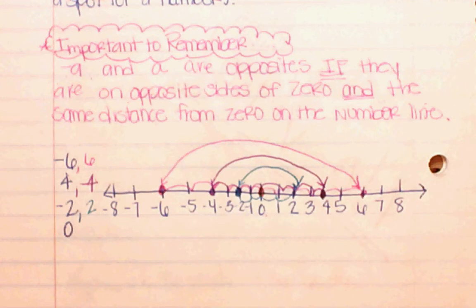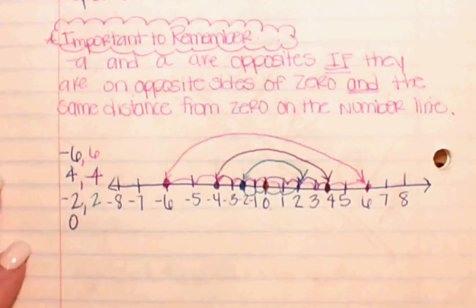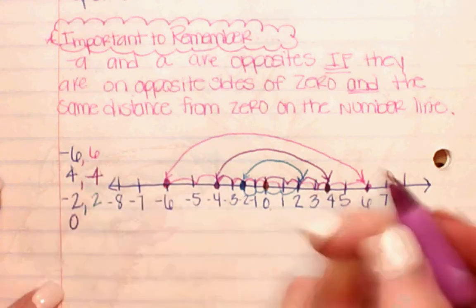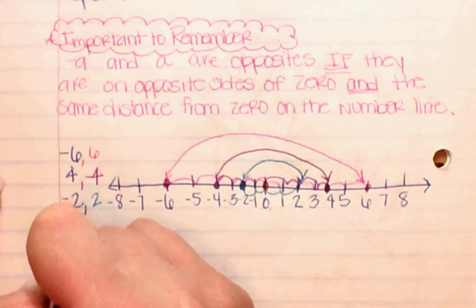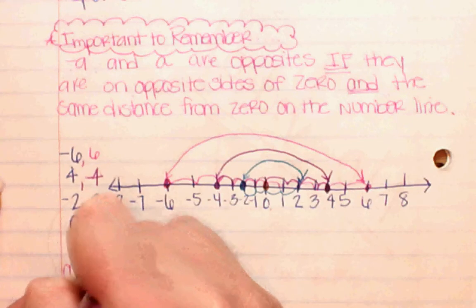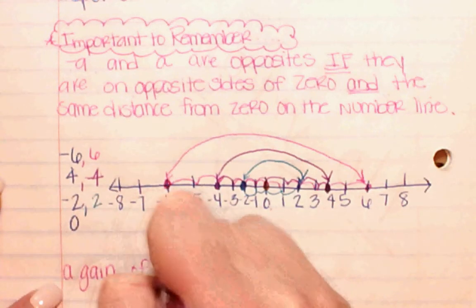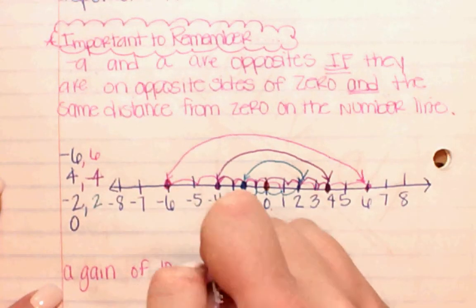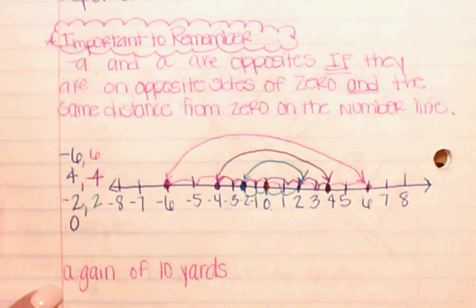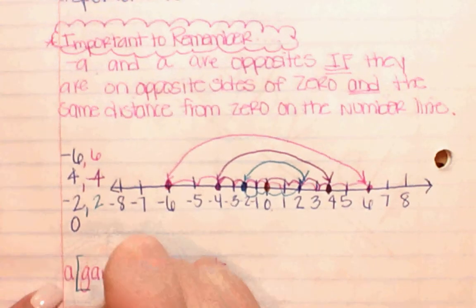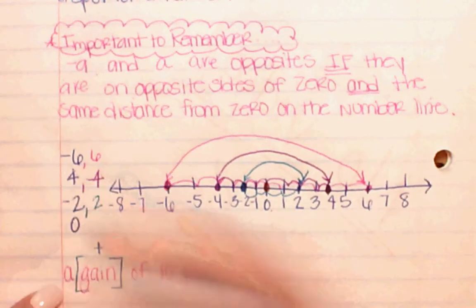Okay? Another thing they might have you do is they might give you a word problem or a statement like a gain of 10 yards. Okay? Gain is our trigger word that tells us if it's a positive or negative number, and I know that gain is positive.